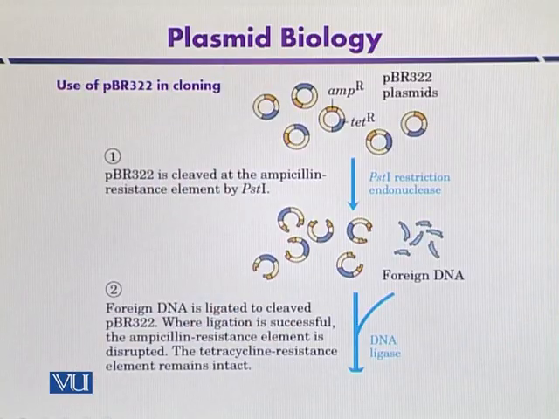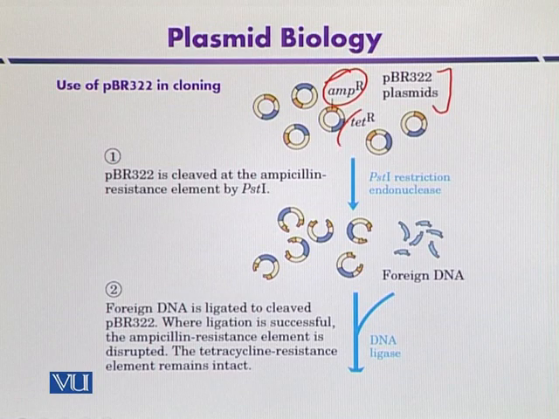How? This diagram indicates the use of pBR322 in cloning. Here we have a number of plasmids, that is pBR322, that contain the ampicillin resistance gene or the tetracycline resistance gene. Suppose we have digested this plasmid and the foreign DNA with the restriction enzyme PstI, and this PstI site is present within the ampicillin resistance gene.